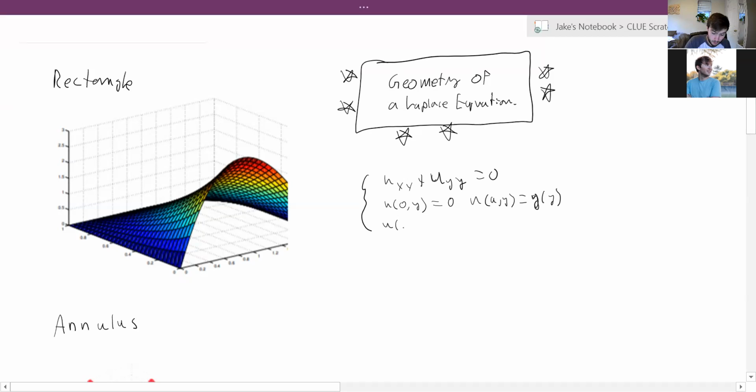And then we get u(x, 0) equals u(x, b) equals 0. Remember, x is going between 0 and a usually, and y is going between 0 and b. I could have written this up beforehand.